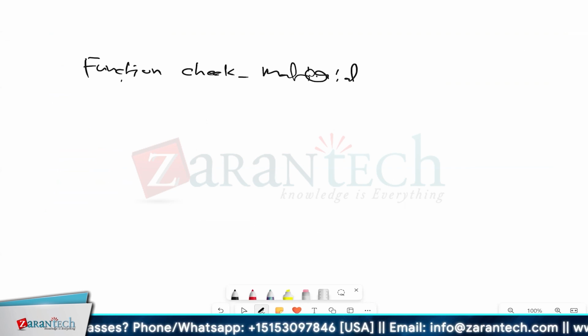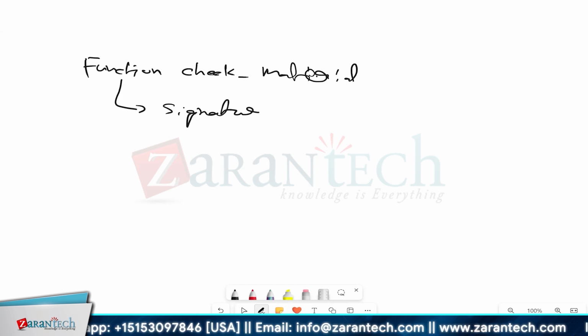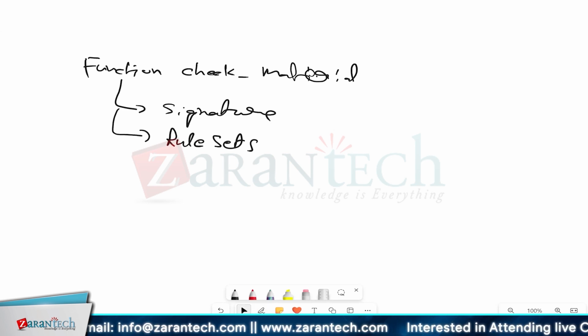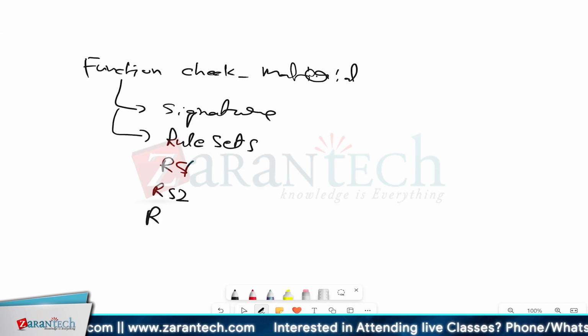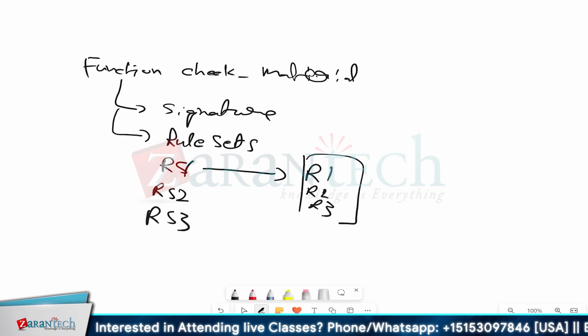Under this function, you added the signature, and at the same time, you can create rule sets, like rule set one, rule set two, rule set three. Under a rule set, you can create rules: rule one, rule two, rule three. So these are the actual rules.